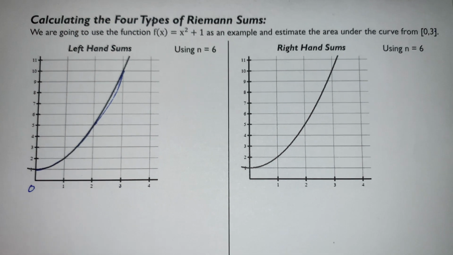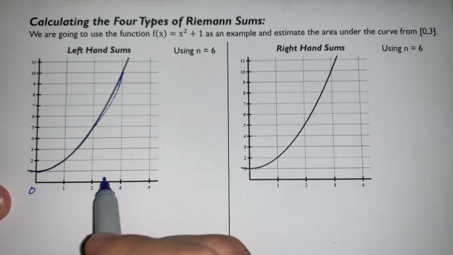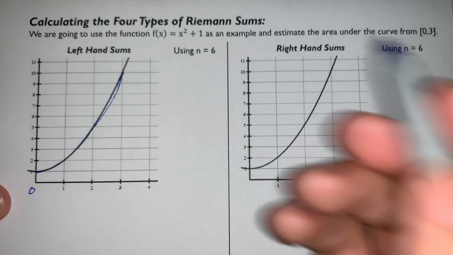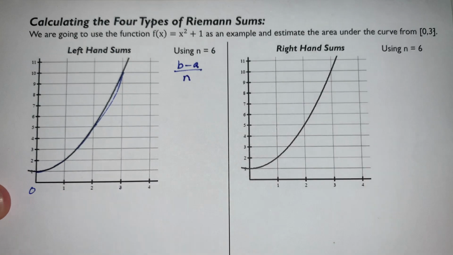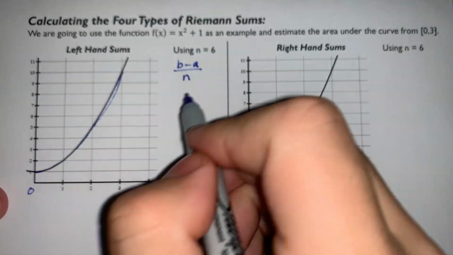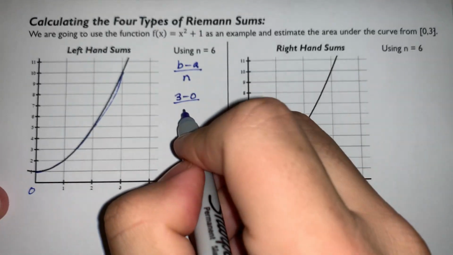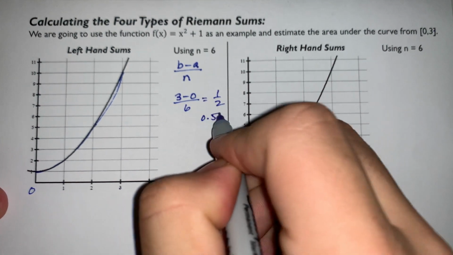The best way of figuring out the width of your rectangles, you can intuitively sit there and think about it, but the nice little formula they want you to use is (b minus a) over n, right? That'll tell you the width of the rectangle. Our interval is from 0 to 3, so it's going to be 3 minus 0 over the number of subintervals that they want, 6, which is 1/2 or 0.5.